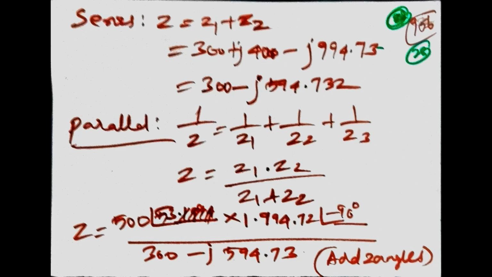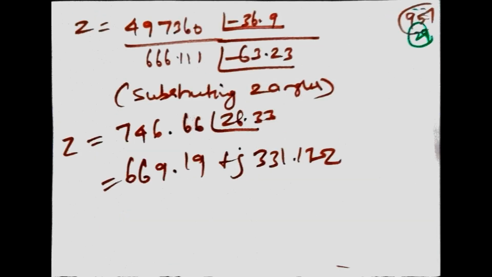Parallel: 1 by Z is equal to 1 divided by Z1 plus 1 divided by Z2 plus 1 divided by Z3. That is the formula. Z is Z1 into Z2 divided by Z1 plus Z2. Multiply the Z magnitudes and add the Z angles: 500 into 994.7, with angle of 53.